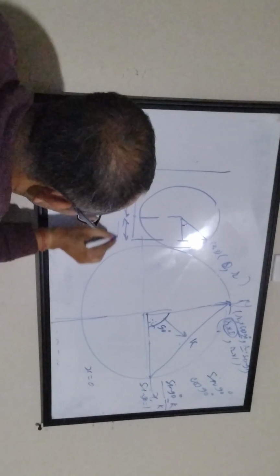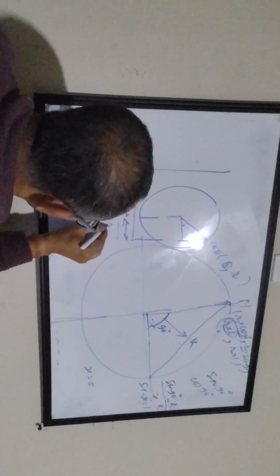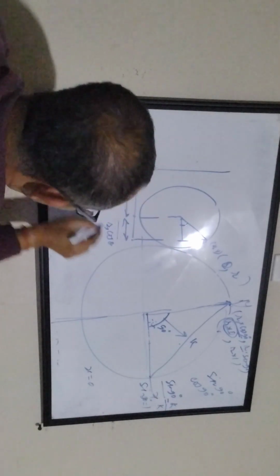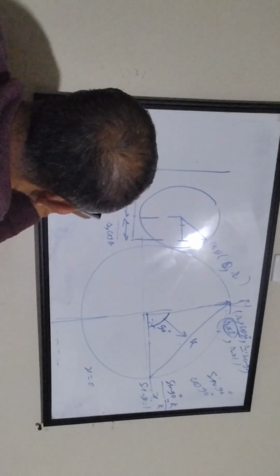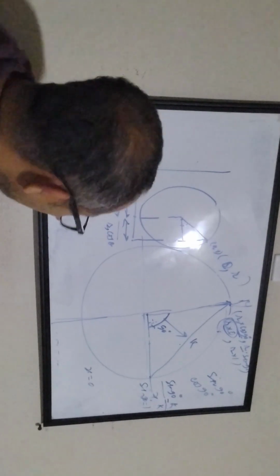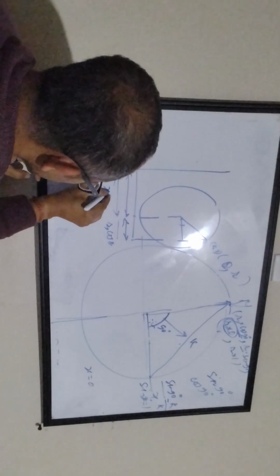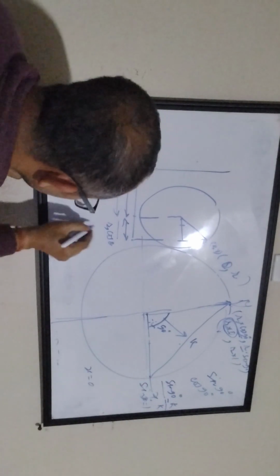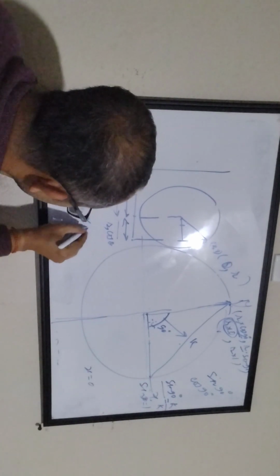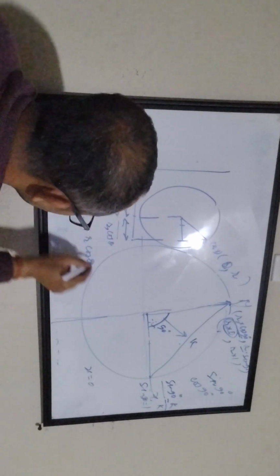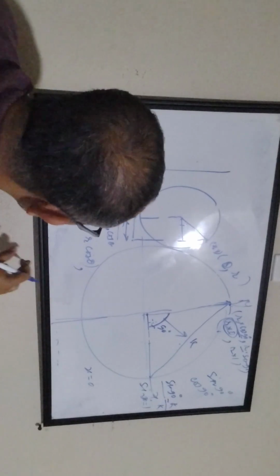So this length is what? R times cos of theta, whatever is the angle here. So the x coordinate will be this distance, meaning how far your circle is from the origin, let's say this is x, plus r times cos of theta. What will be your y coordinate?